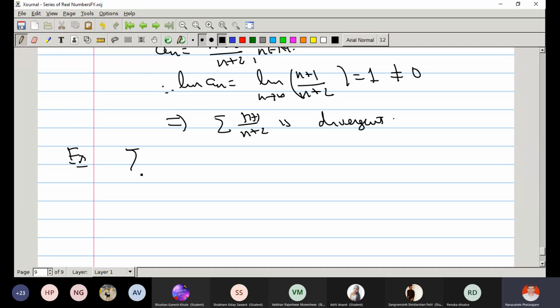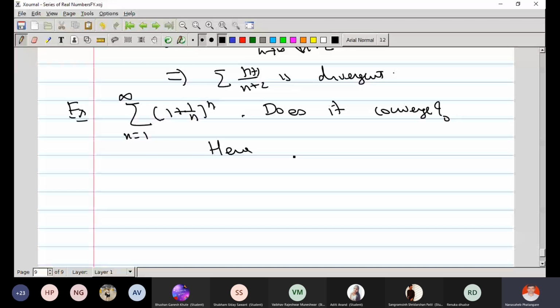Now I will give you one more series: 1 plus 1 by n, raised to n, where n is from 1 to infinity. Does it converge? No, not convergent, because here an is 1 plus 1 by n raised to n for each n. And therefore what is the limit of an?